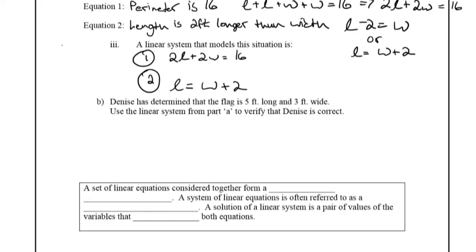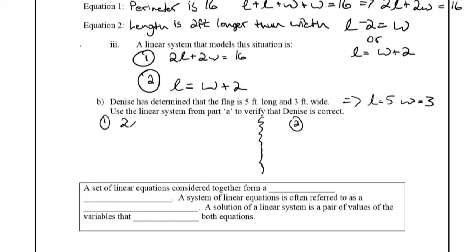So what I'm going to do is take equation number 1, and equation number 2, and I'm just going to substitute the values into the equation. Basically, she's saying that the length of the flag is 5, and the width of the flag is 3. Those are L and W values.